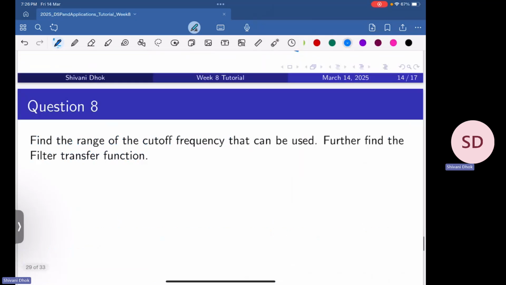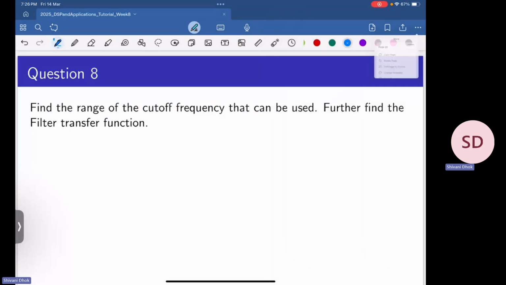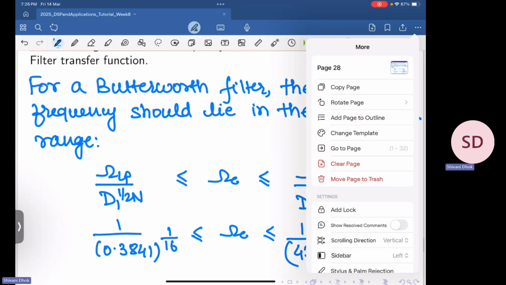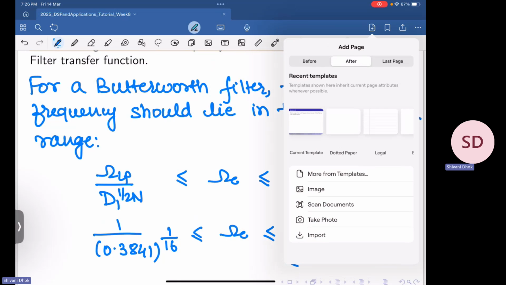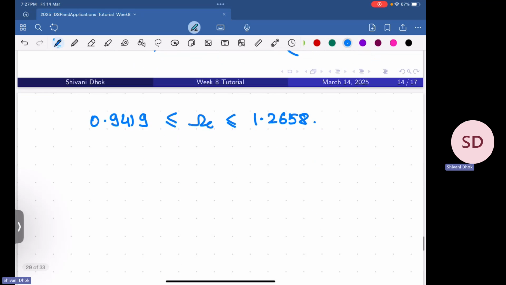If we solve this using our calculators, what we get is 0.9419 should be less than or equal to omega c, which should be less than or equal to 1.2658.